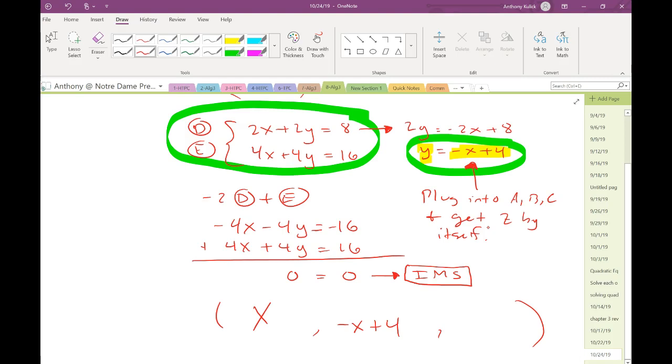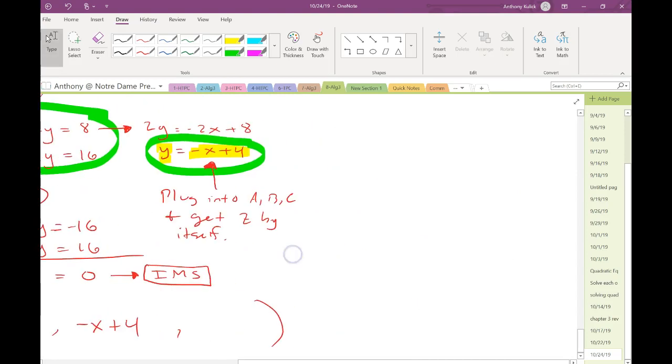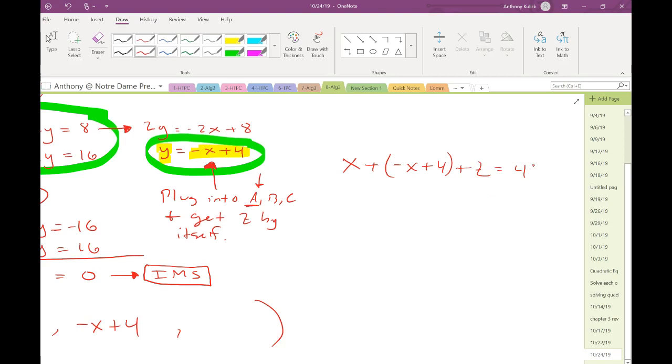So I'm going to do this for equation 1, or A. I'm going to pick equation A, which is x plus y, but in place of the y, I'm going to write that negative x plus 4. Then I have plus z is equal to 4. So when I combine like terms, x plus negative x cancel out.